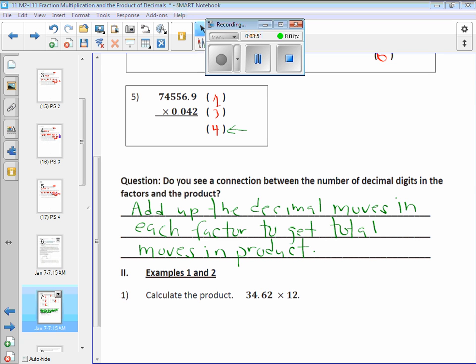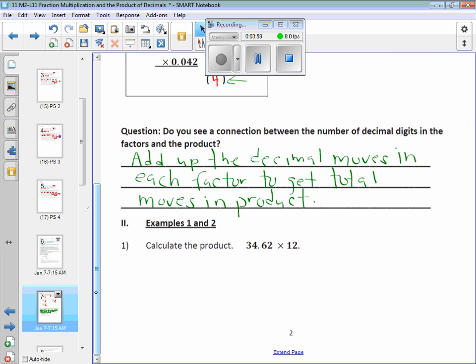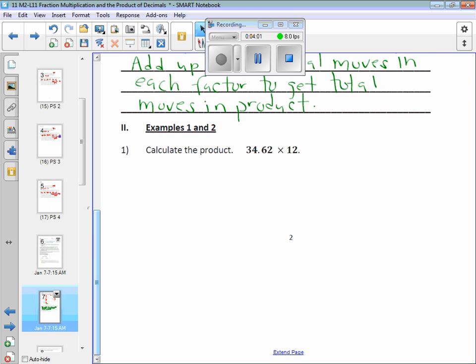But when you multiply decimals, we're going to line up the digits. So here's how we're going to do it. We'll do this first example together. How many digits are in 34.62? 4. How many digits are in 12? 2. Make believe the decimals are not there. How would you normally set this up?